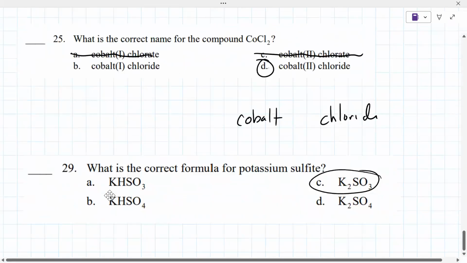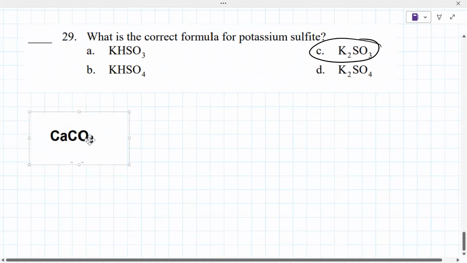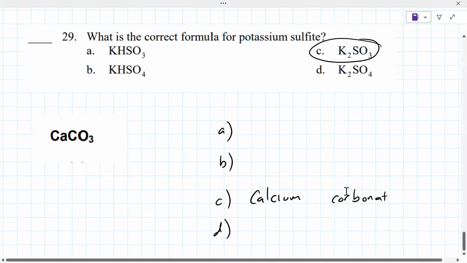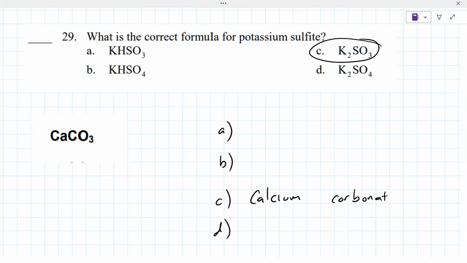To make this multiple choice, it would be like A, B, C, D. So we already know the answer is calcium carbonate. CO3 is carbonate.